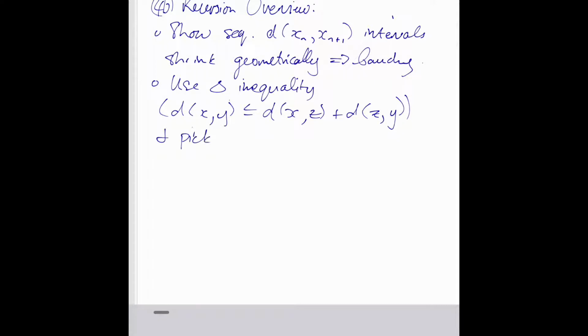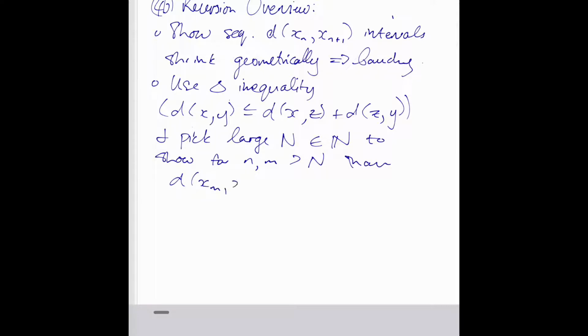We will choose a large number N, which is a natural number, and show that for n and m both greater than N, then the distance between x_m and x_n terms will be less than epsilon, i.e. the sequence is Cauchy.